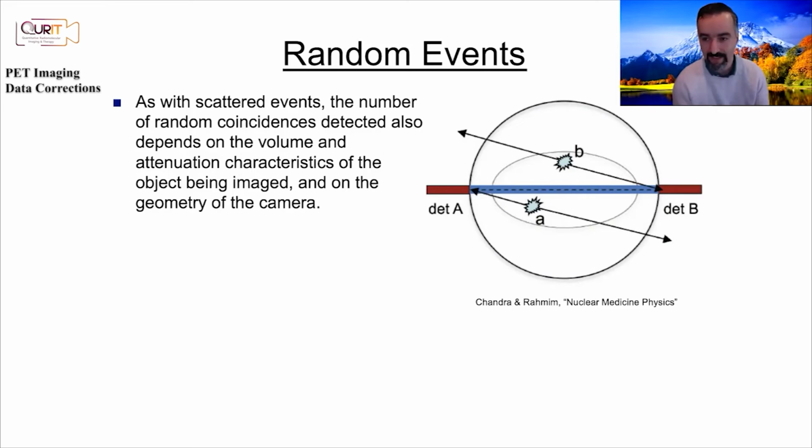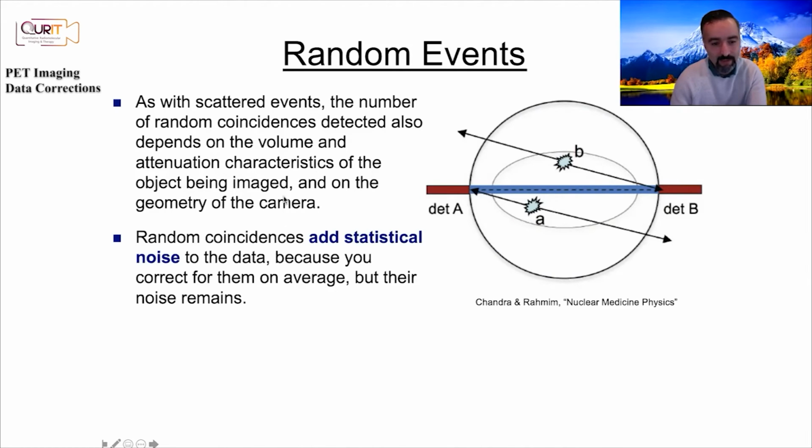You don't get true coincidences because you don't get two events from your leg being detected, but you can get a single event from your leg entering the field of view and adding to the singles rates and potentially therefore resulting in random coincidences with other events that are happening.